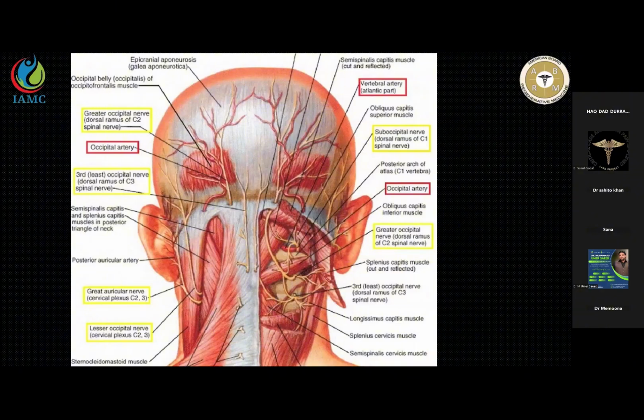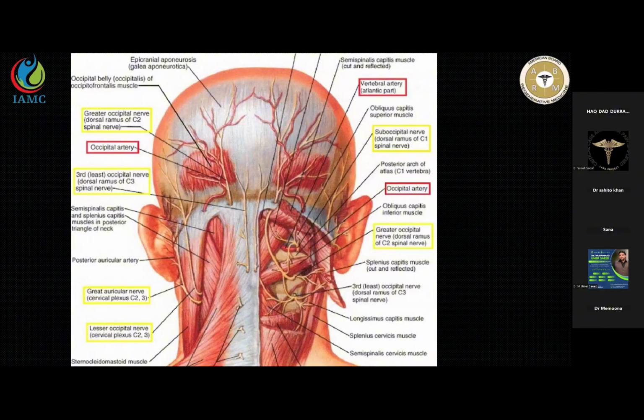In this lecture, we are discussing the nerve blocks. So everybody should have knowledge about what is afferent, what is efferent, what are the motor nerves, and what are the sensory nerves. So you have to differentiate about that. The GON is the biggest of all, and it is an afferent nerve, which means it is a sensory nerve, and it arises from the dorsal ramus of C2.